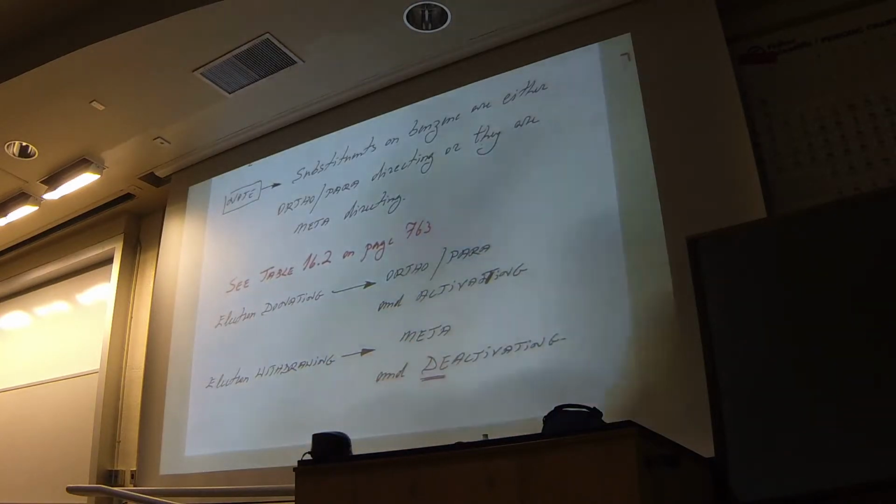You don't have to memorize those, but it's a good idea just to take a look. Now, the general trend is going to be this, that if you have a group that is electron withdrawing, like the nitro group, then that's always going to be meta-directing.